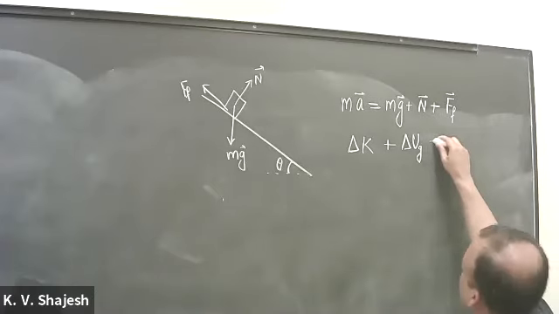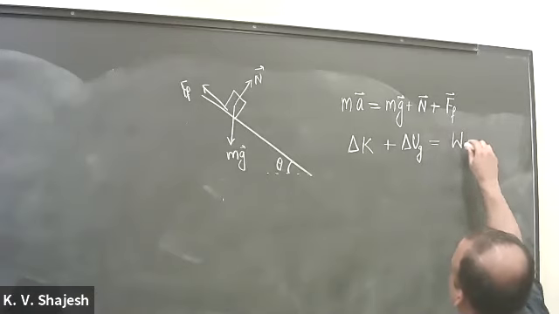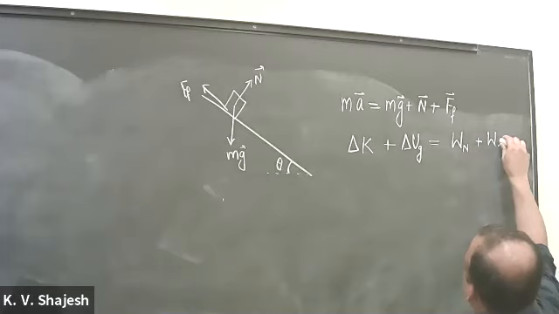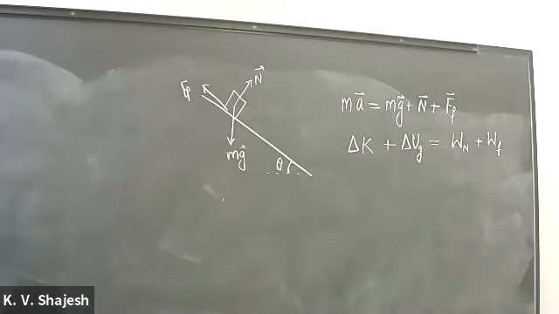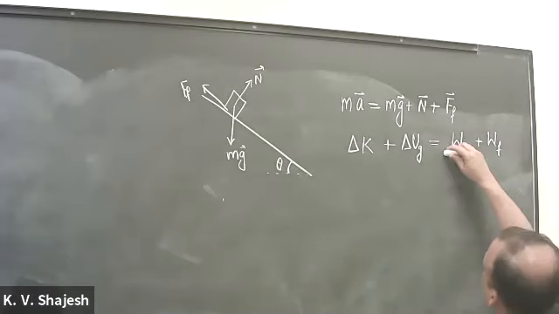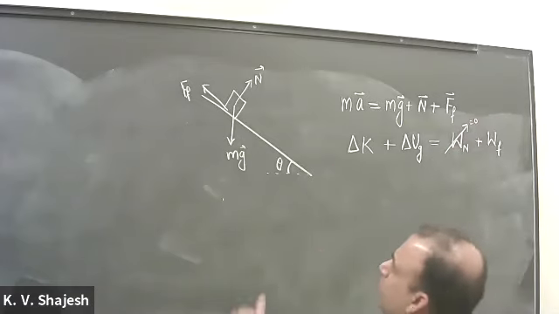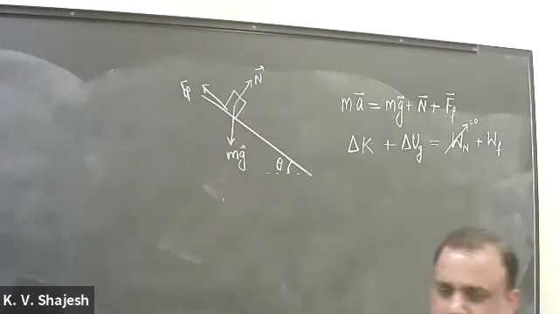So the change in potential energy due to gravity is equal to the work done by the normal force plus the work done by friction. First, you argue that the work done by the normal force is 0, because the normal force is acting perpendicular to the displacement all the time.